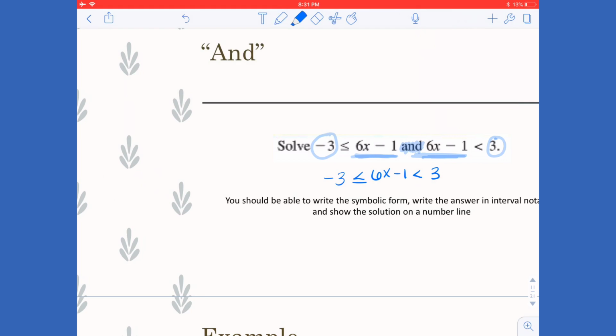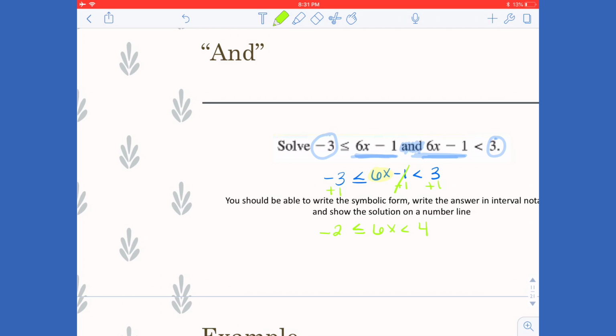So again, my goal is going to be to get this 6x by itself and then eventually to get the x by itself. So I need to get rid of 1, so I'm going to add 1 so that goes away. And the only difference is I'm going to add 1 to the other side, but now I have 2 sides I have to add it to. And that leaves me with -2 is less than or equal to 6x, which is less than 4.